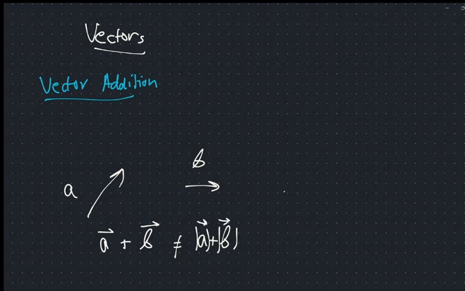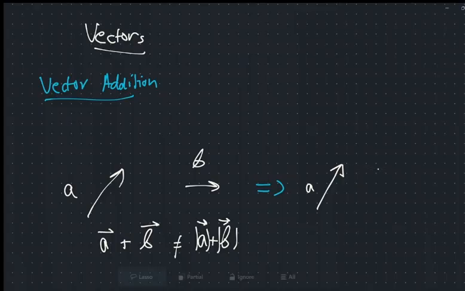Because if we look at how the addition looks, let me change the color of this. The result is going to look something like this. I just redrew A, and then I will redraw B, but starting from the head of A itself.